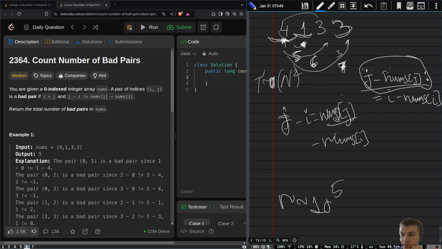That's why if there are multiple numbers, it means there are multiple pairs. So I'll just do something like this.